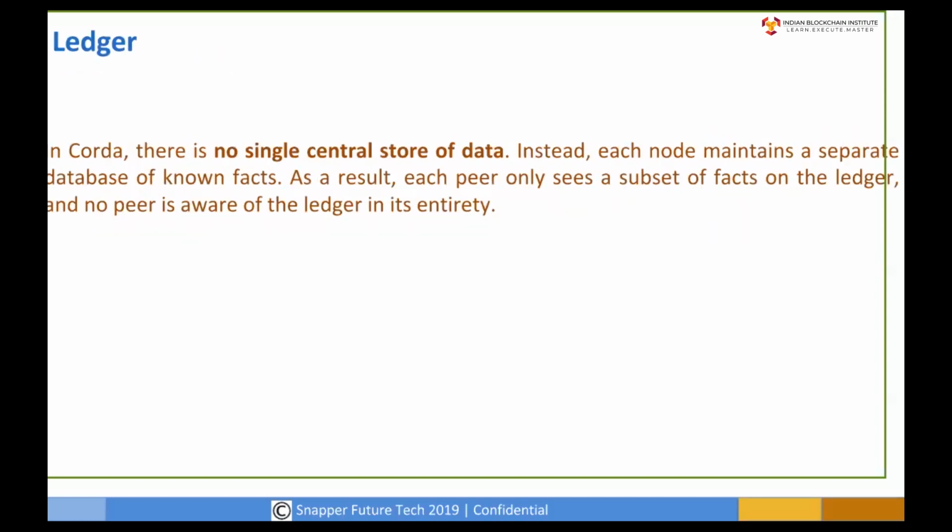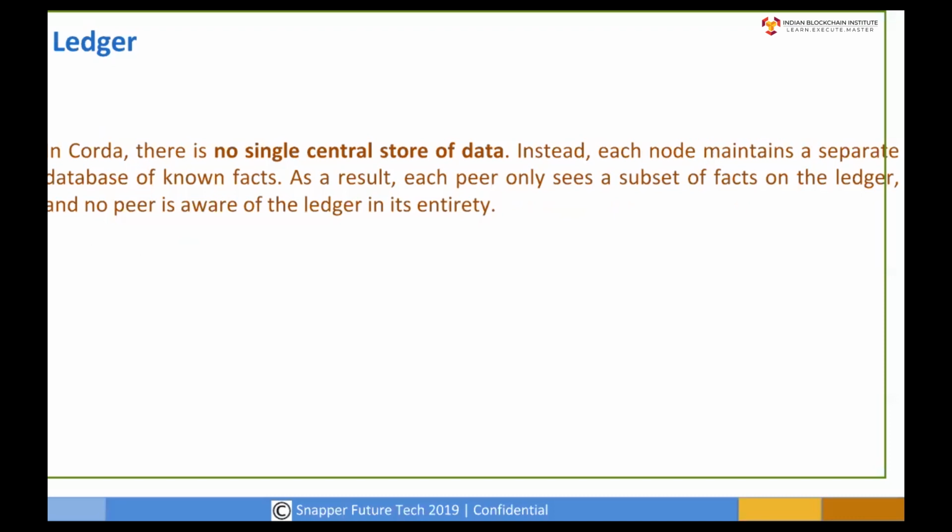So, ledger. Of course, if you are familiar with blockchain, you are familiar with what a ledger is. In Corda, there is no single central store of data. Instead, each node maintains a separate database of known facts.